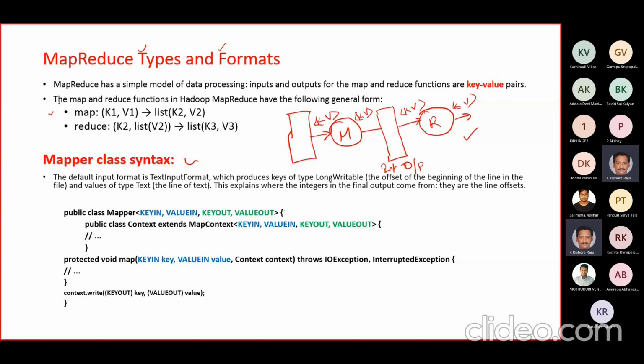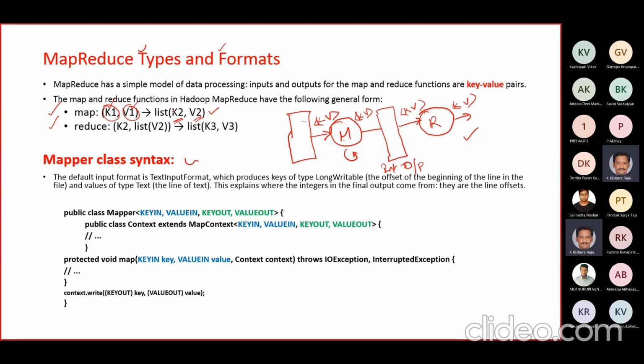Okay, so here map and reduce are the two functions. Map will always take k1 as key and v1 as value. By taking key and value as input, the mapper will process them and generate a list of k2 and v2.